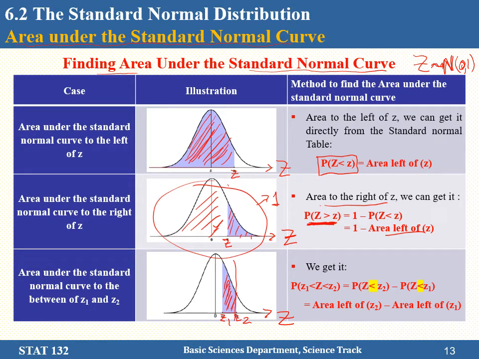You find the area to the left of Z2 first, then you look at the area to the left of Z1, and then you subtract them, and you will get the area. After this, we can start using the table and calculate the probabilities or percentages with the help of the table.